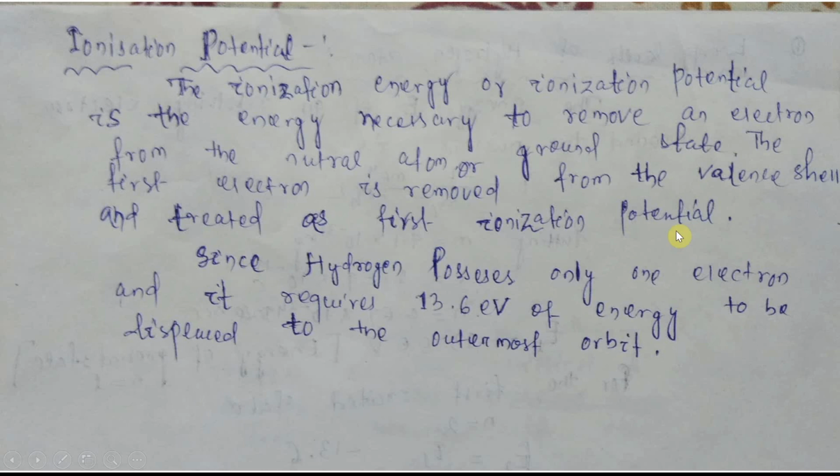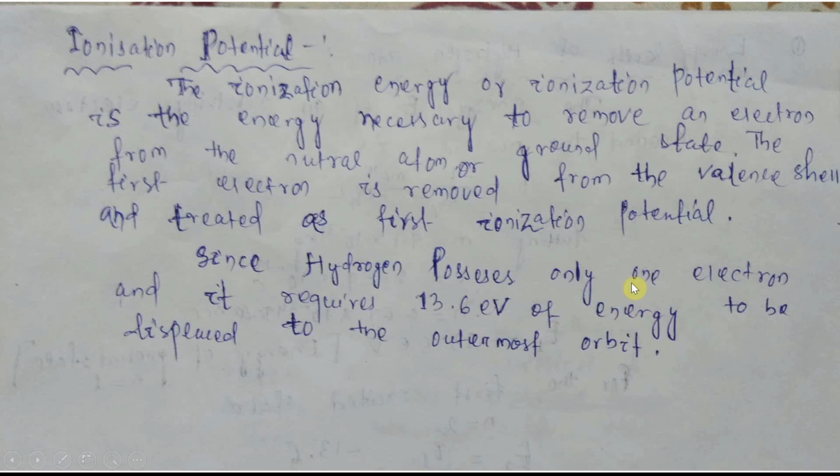Next we come to ionization potential. The ionization energy or ionization potential is the energy necessary to remove an electron from the neutral atom in the ground state. The first electron is removed from the valence shell and treated as the first ionization potential. Since hydrogen possesses only one electron, it requires 13.6 eV of energy to be displaced from the outermost orbit.